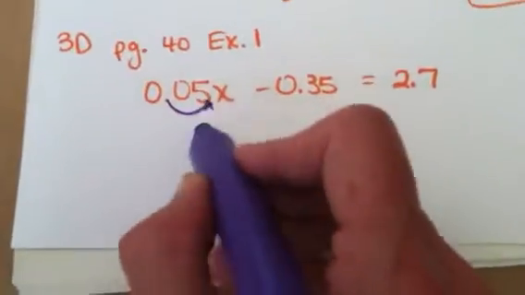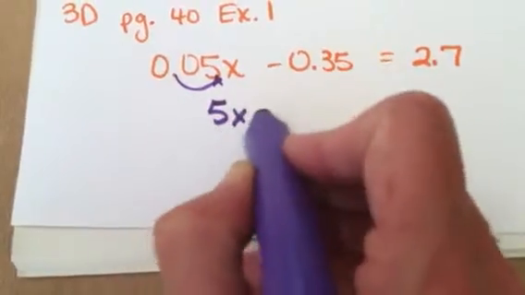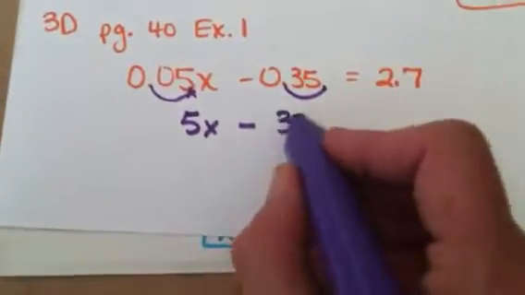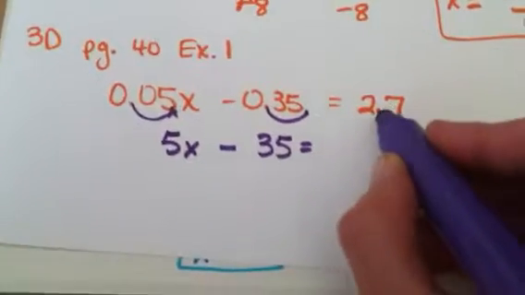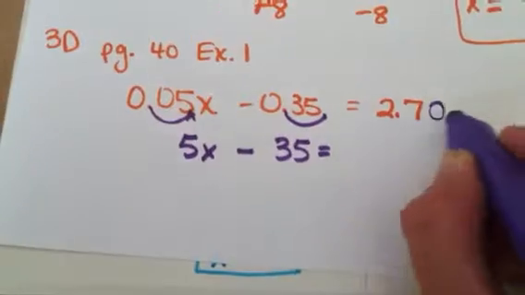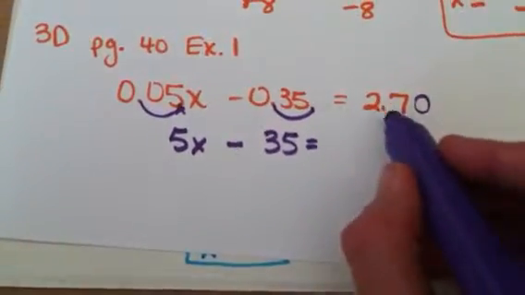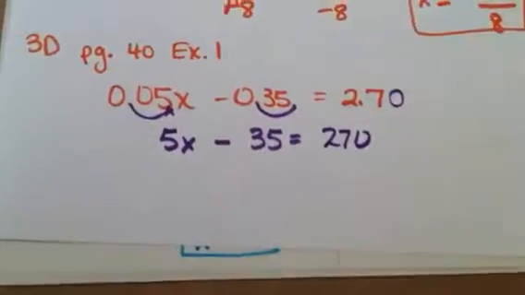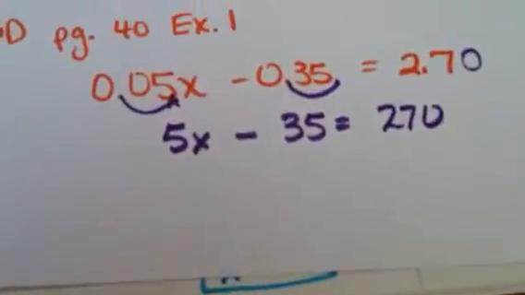So if I move this guy 2, he becomes a boring 5x. If I move this one 2, it becomes a 35. If you move this one 1, it's a 27. You can tag as many zeros on here as you need, but hopefully you notice if I move it 2, it becomes 270.